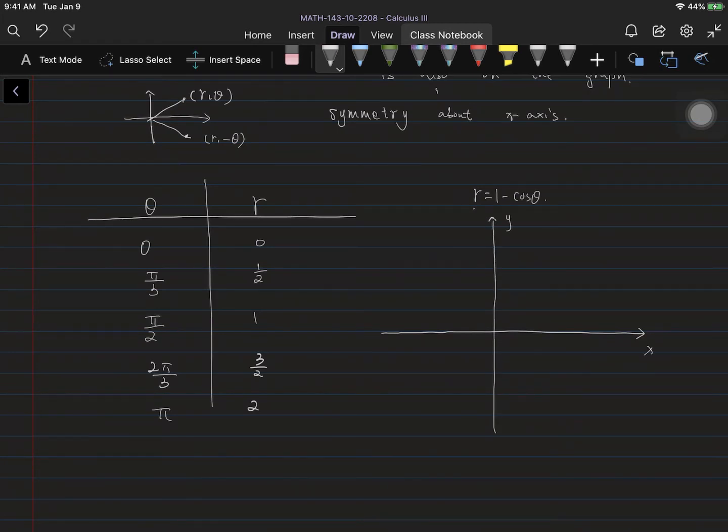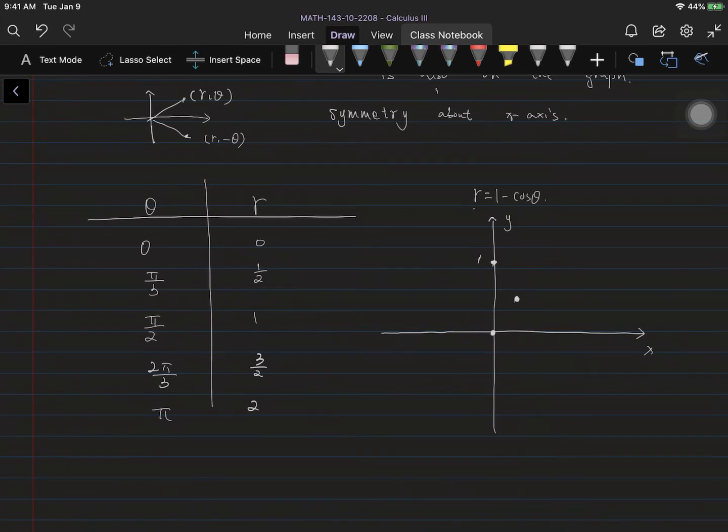x and y. Okay, so you can see where is 0, 0, the first point here. The second point, pi over 3, 1/2, you can see here. And pi over 2, 1, the third one, pi over 2 should be here, and the 1 roughly here. The first 3 points, right? And this is 1/2, this is 1.